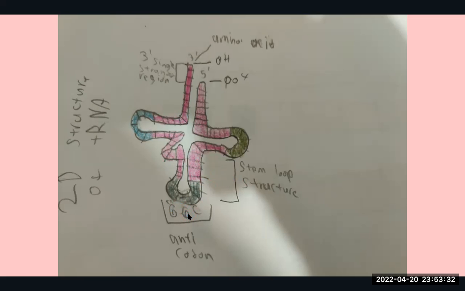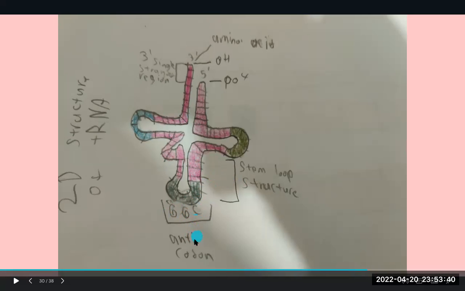Therefore, tRNAs are the molecules that actually translate the language of RNA into the language of proteins. Here's the anticodon, which binds to the mRNA codon.